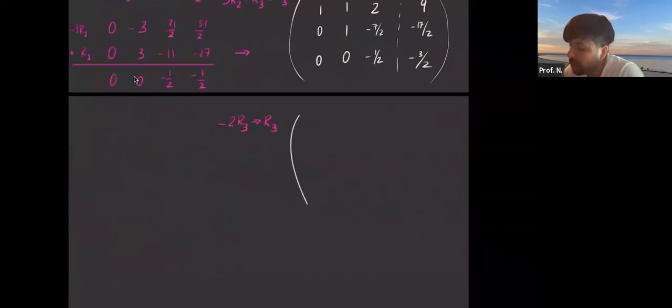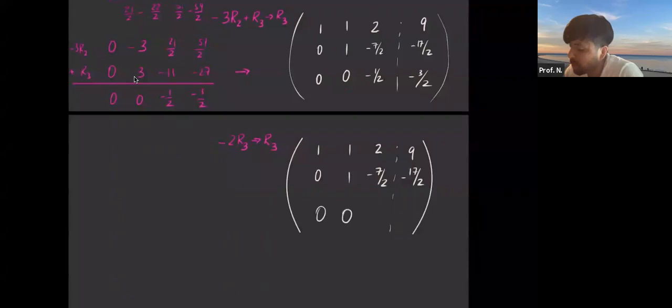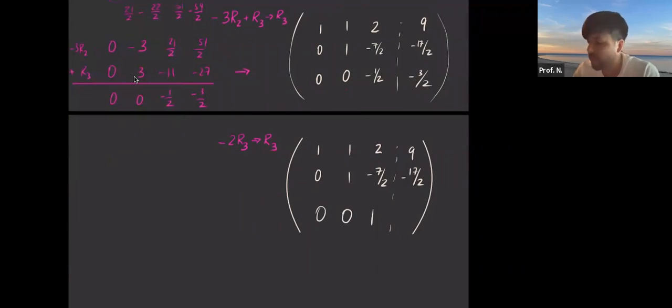The first 2 rows are the same: 1, 0, 1, 1, 2, negative 7 over 2, 9, negative 17 over 2. And now this becomes 0, 0, 1, because negative 1/2 times negative 2 is 1, and negative 3/2 times negative 2 is 3.